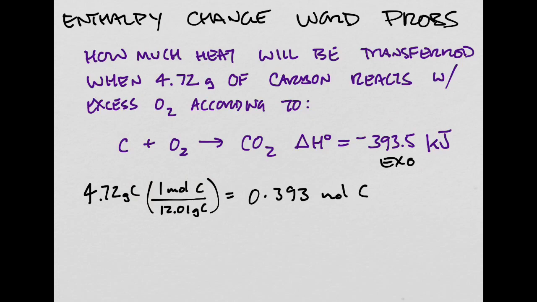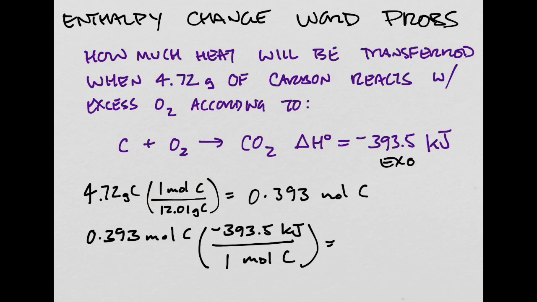And so, anyway, let's take a look and see what we would do next. We need to consult our reaction, which shows that there's 1 mole of carbon in this reaction to produce 393.5 kilojoules. So here's my next equivalency. Okay, you shouldn't be too surprised to see the setup that I have right there with the equivalency.